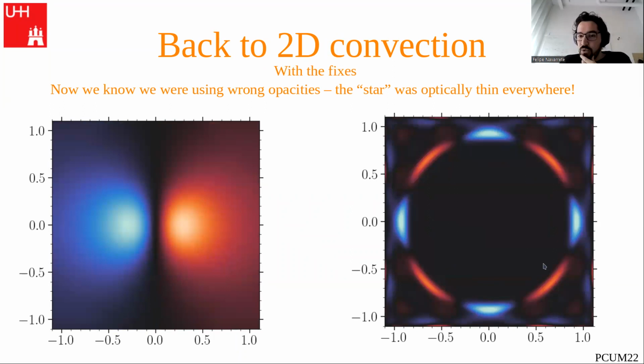The flow still looks completely wrong, but with these fixes we know that we were using the wrong opacities. This 2D star was optically thin everywhere. Before these fixes, we thought that we were in the correct parameter regime, using the correct opacities.